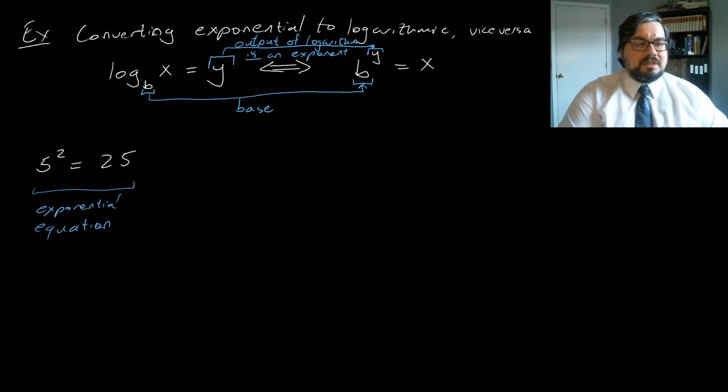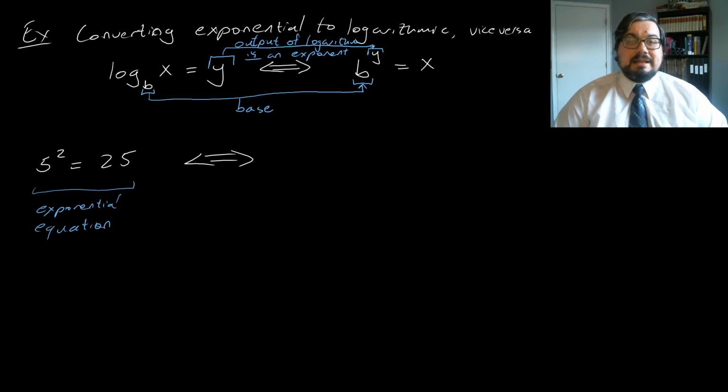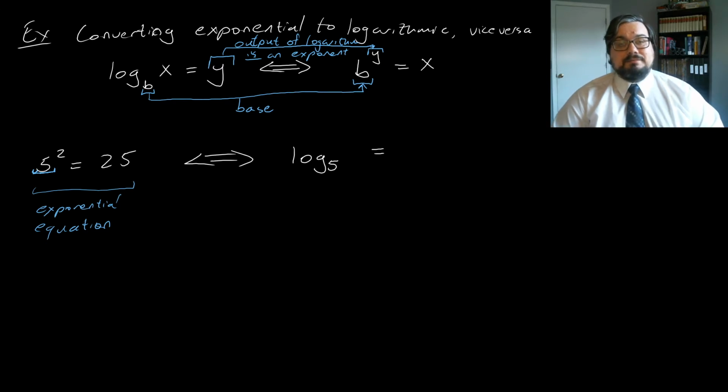So let's convert that into a logarithmic equation and see how we would write this down in its logarithmic form. So we'd go log, and now the base of the logarithm is going to be the same as the base of the exponential equation, namely 5. 5 is the number that's being raised to a power over on the left-hand side, and therefore it becomes the base of the logarithm in the logarithmic equation.